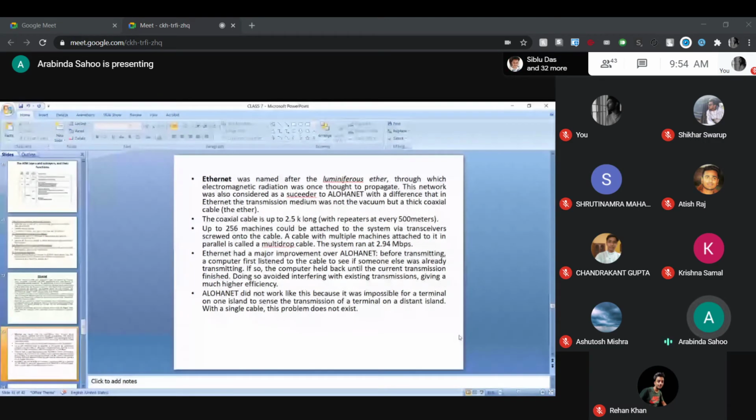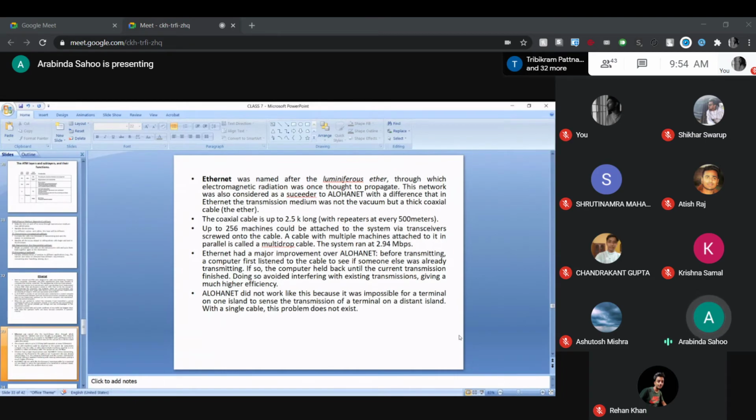Ethernet was named after the luminous ether through which electromagnetic radiation was once thought to propagate. This network was considered a successor to ALOHANET, with the difference that in Ethernet the transmission medium was not the vacuum but a thick coaxial cable, that is the ether.